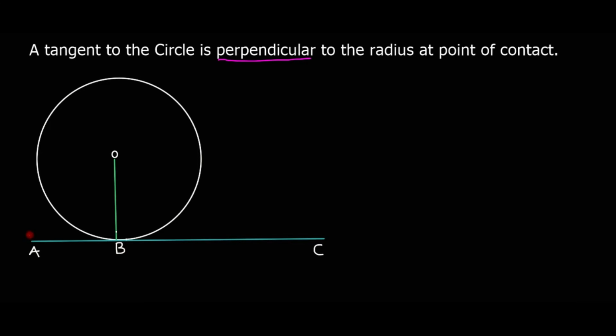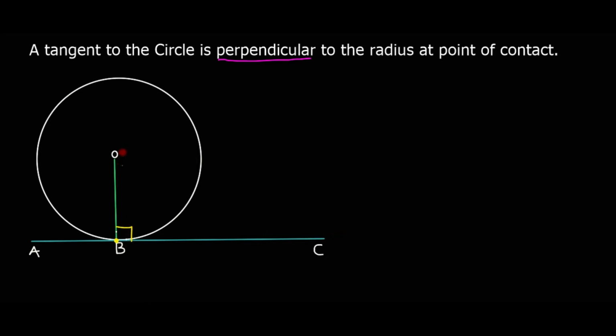On a tangent ABC, this line is the tangent, and then we have a radius OB from the center. So where the radius touches that tangent, it makes an angle of 90 degrees. So that radius is perpendicular to the tangent, meaning it forms an angle of 90 degrees.